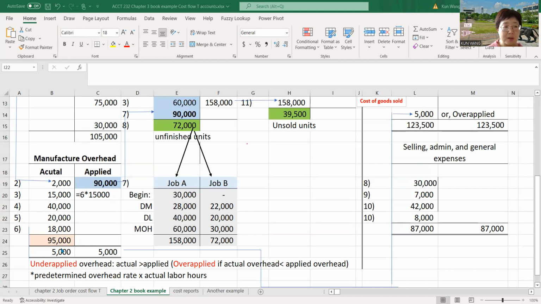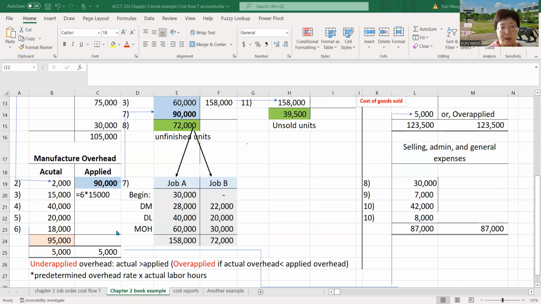In our case, the total actual overhead is 95,000, which is larger than the applied 90,000. If the actual is larger than the applied, we call it under-applied overhead, which means we didn't apply enough. You didn't apply adequately for the actual overhead. So under-applied by 5,000.